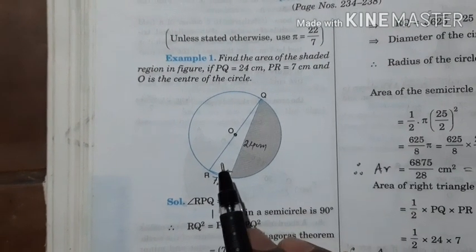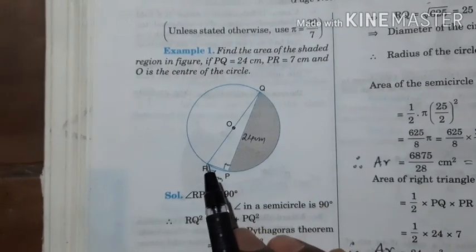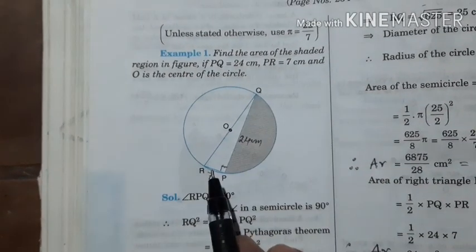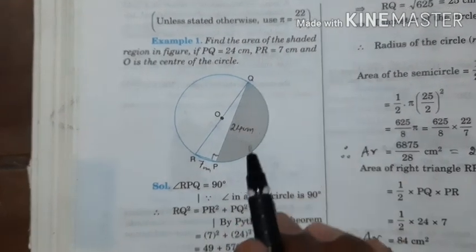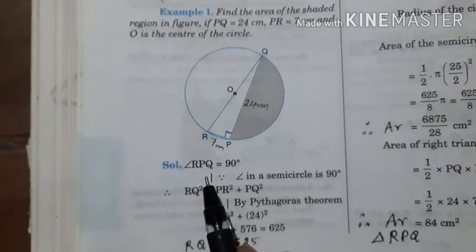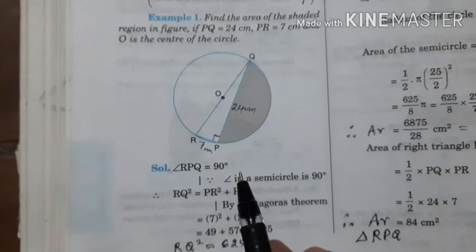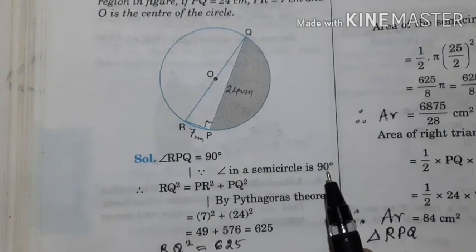Therefore, find out the area of the semicircular region first, then subtract the area of this right angled triangle. You will get the area of this shaded region.